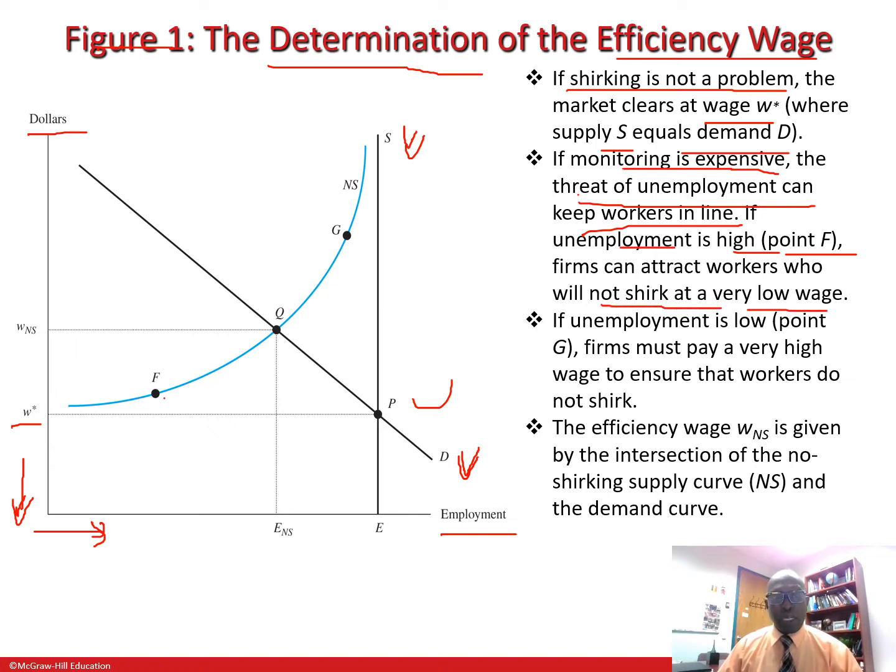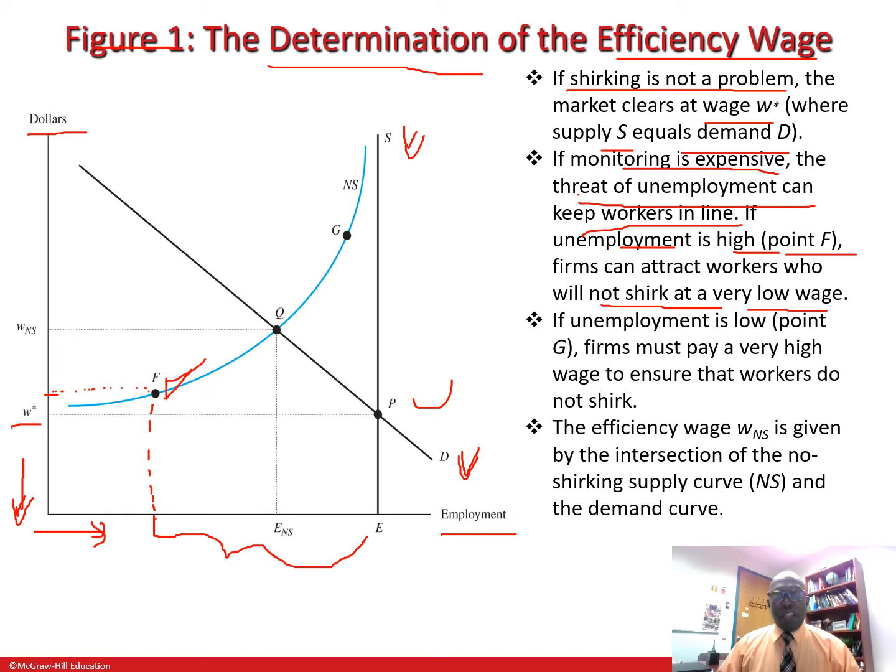So you can see unemployment at point F. At point F, the firm will be hiring this much, and the difference between F and E would be unemployment in that case, and the wage the firm will pay will be low as compared to W star.